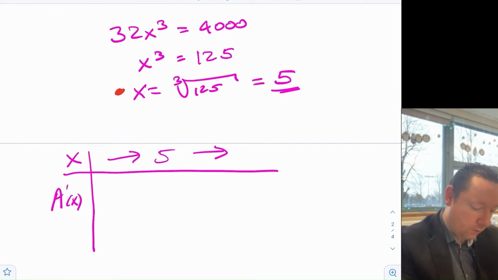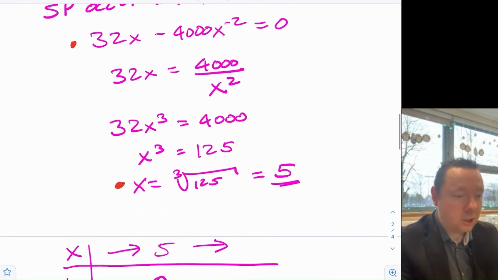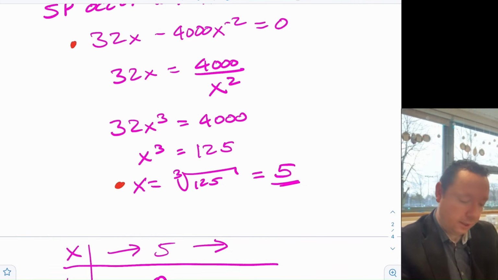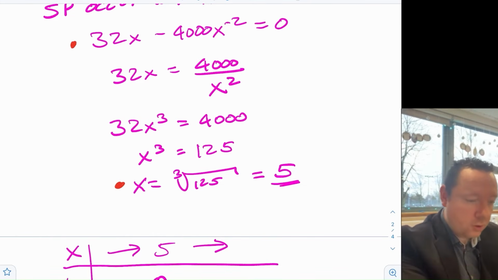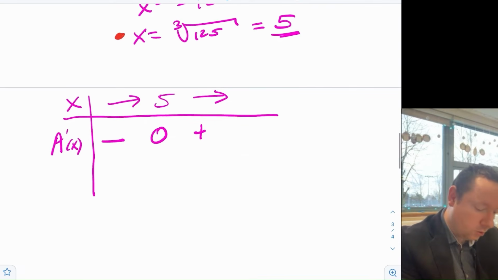So we've got negative 0. Hoping that after 5 is positive, but you can check. Just get yourself a calculator, pick a number close to 5. Let's pick 6, say. 32 times 6 is 192. 4,000 divided by 36 is 11. That minus 11 is positive, so we can say it's positive. So our shape is down, along, and up.